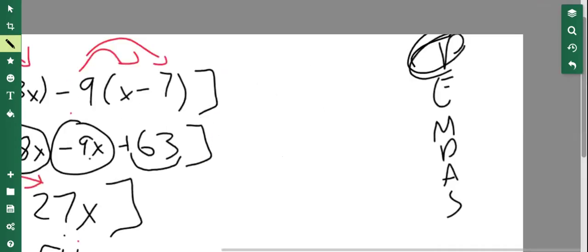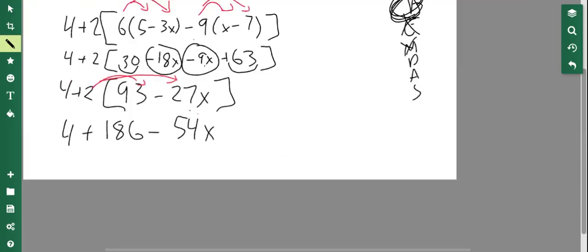Last but not least, on our PEMDAS, right? Well, we already did all the parentheses we can. There were no exponents. There was no division. Now we just do adding and subtracting, right? And when we get to the last steps, like adding and subtracting, we could just read it as it is. Actually, I apologize.